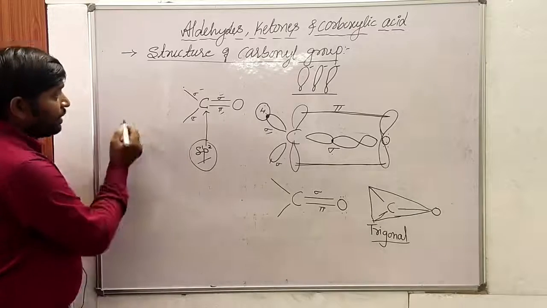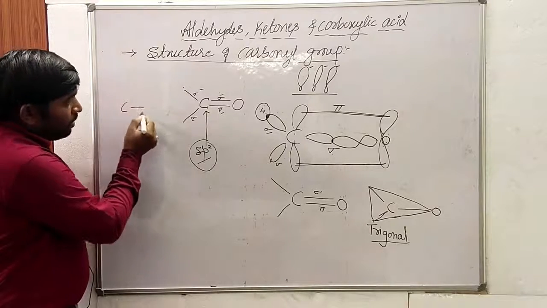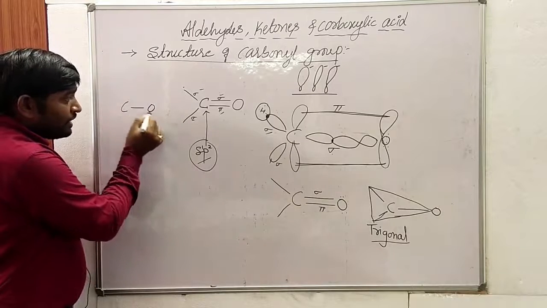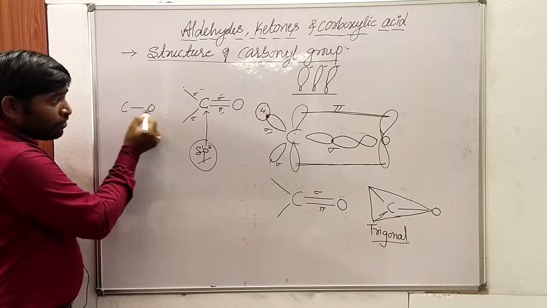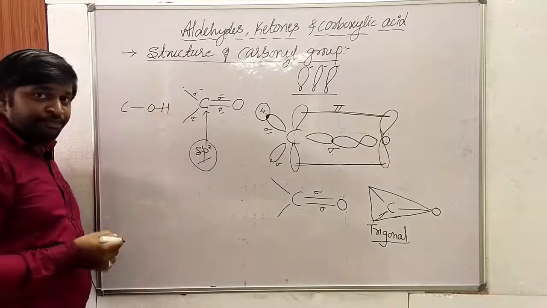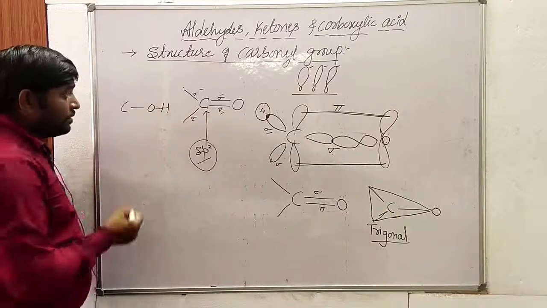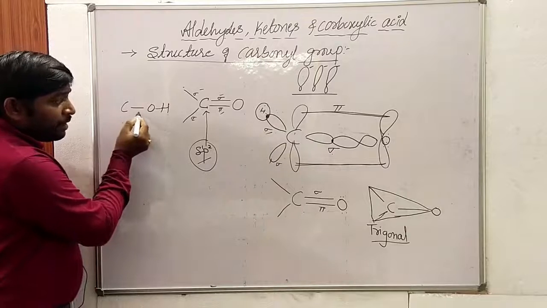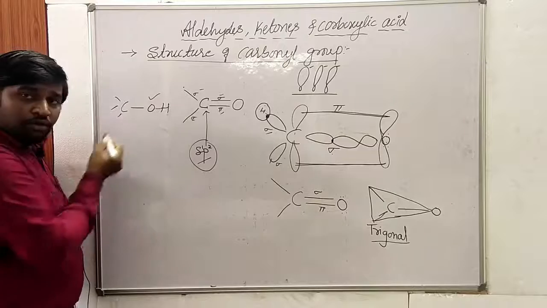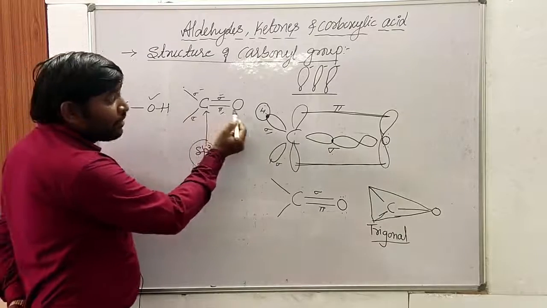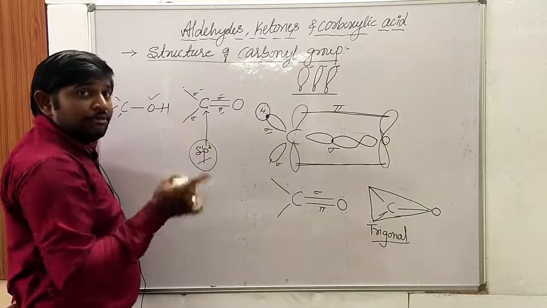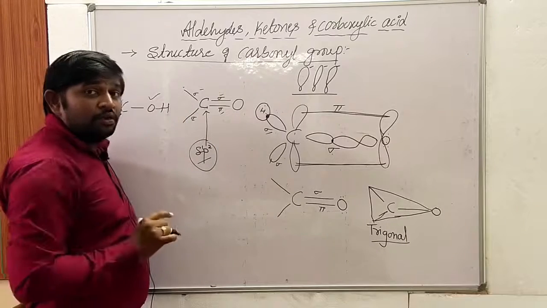Whenever there is a single bond between carbon and oxygen, such compounds are always called alcohols. Here there is no double bond between carbon and oxygen, that's why it becomes alcohol. Whereas if there is a double bond between carbon and oxygen, then we can say it is a carbonyl group.